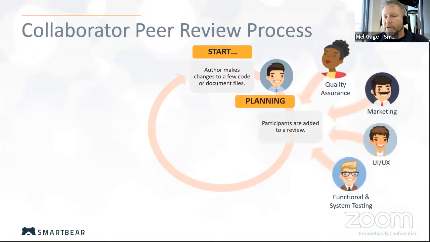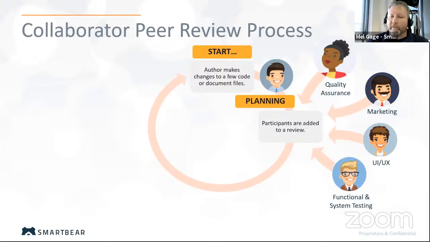Once those materials are created and uploaded to the server, the author logs into the web UI and finds himself in the planning phase, where they'll make group assignments, template assignments, and add any additional information that they need to, maybe based on custom fields. They'll assign participants in a variety of roles. Collaborator supports 4 roles that can be customized, so you can add users to your reviews as you see fit based on your organizational structures.